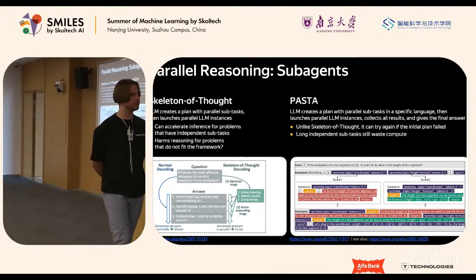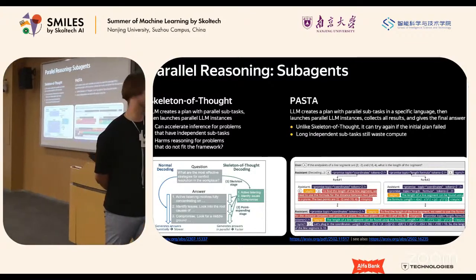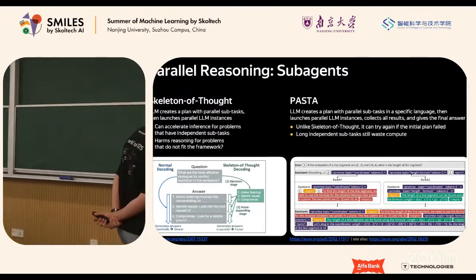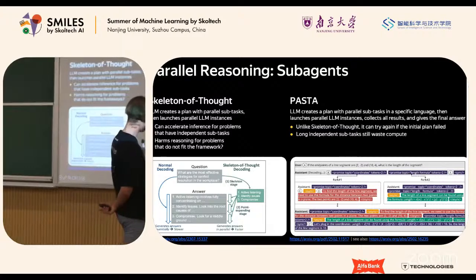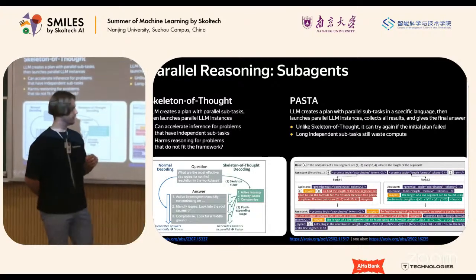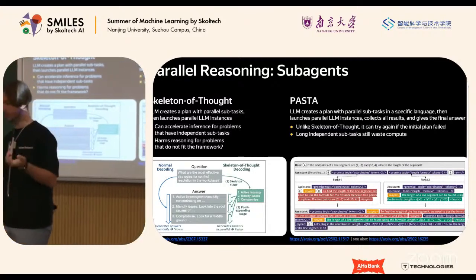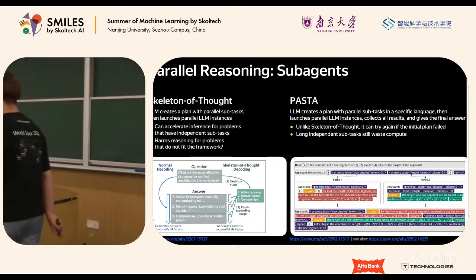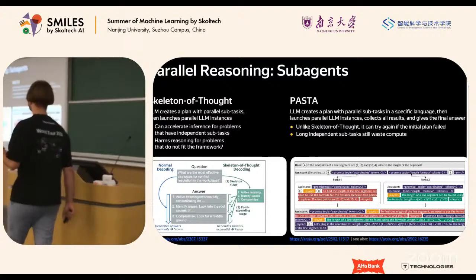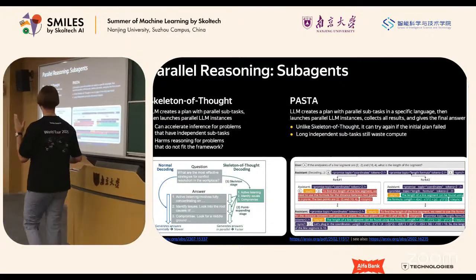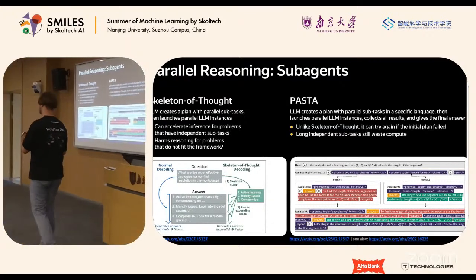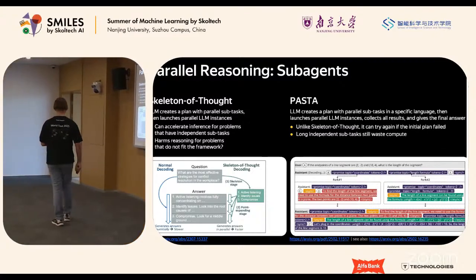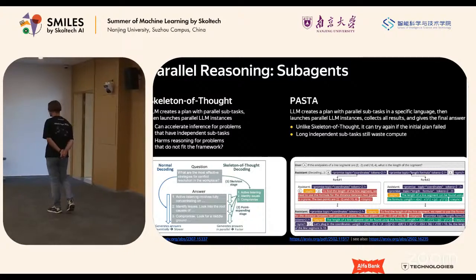PASTA is something else. The LLM can call some async kind of forking itself into solving smaller cases. So you have a reasoning trace, and you want to solve some equation. And you just ask your subagent to do that while you reason about something else. But the problem here is the same.